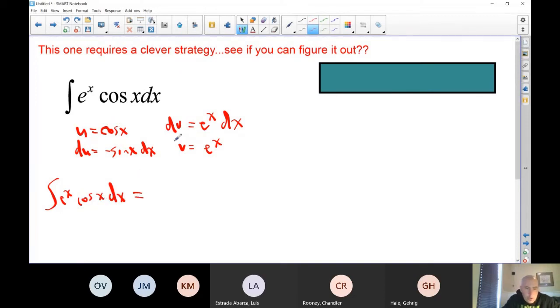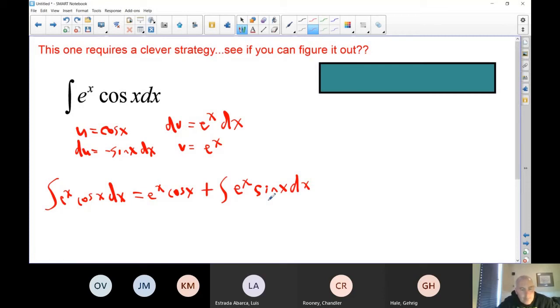It equals uv, e to the x cos x, minus the integral of v times du, which will be e to the x sine x, sorry, not cos x. So e to the x sine x, that'll be a plus. And I'll still have my dx here.